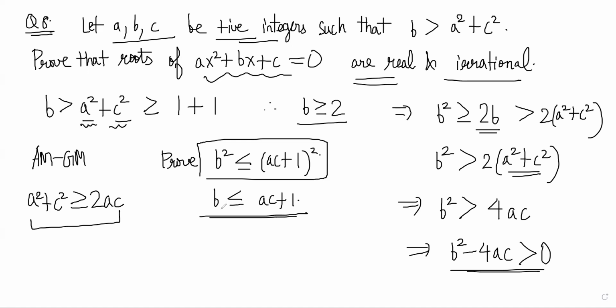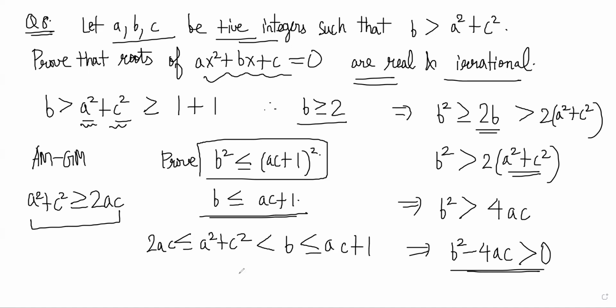We can say that 2ac is less than or equal to a square plus c square, and a square plus c square is less than b, which is less than or equal to ac plus 1.